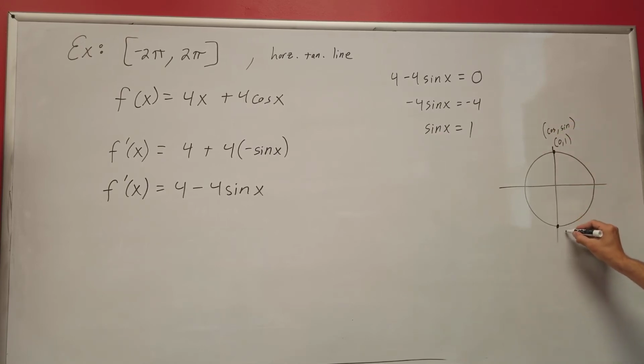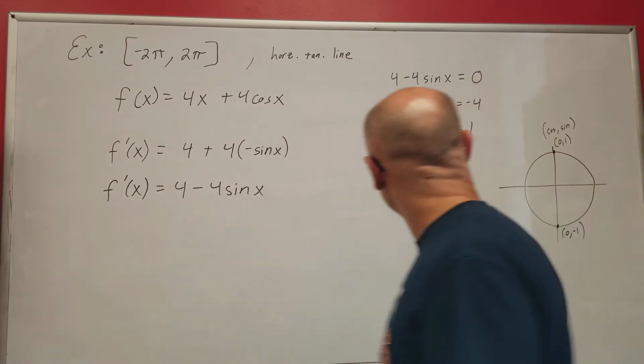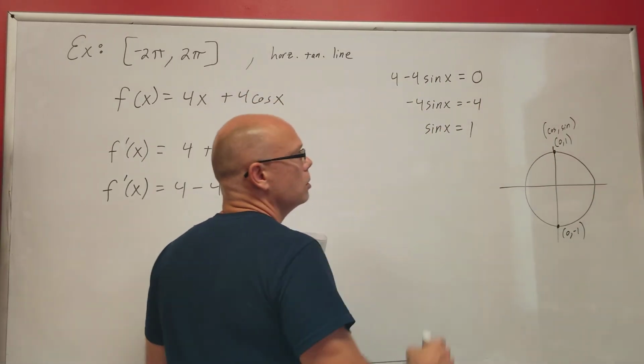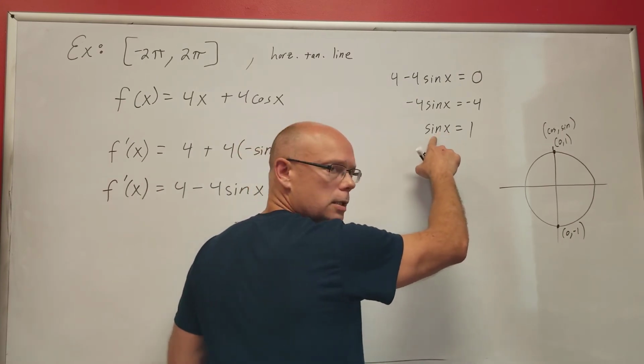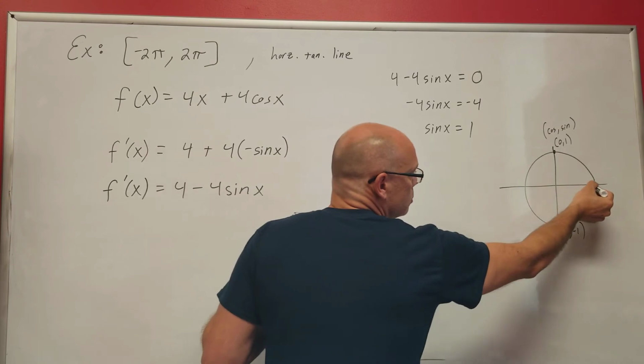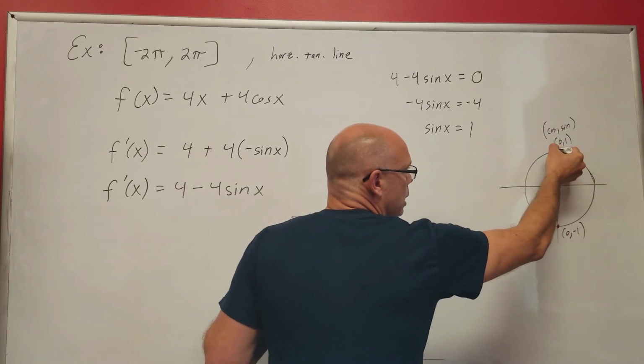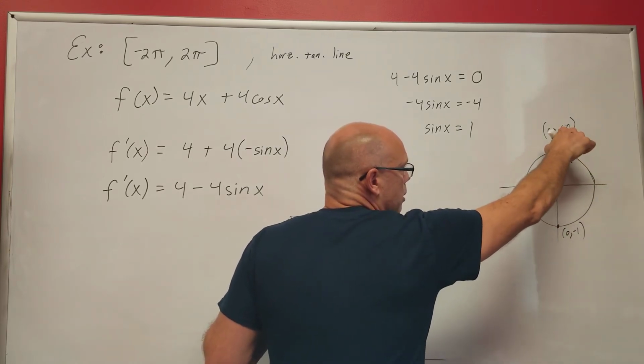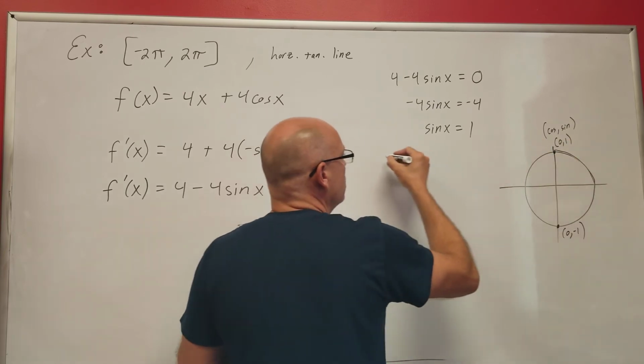How about this point? That was 0, negative 1, right? So where on my unit circle did I have angles that whenever I took the sine of them, I got 1? That would be an angle right here. I have a sine that's 1 and an angle of pi over 2.